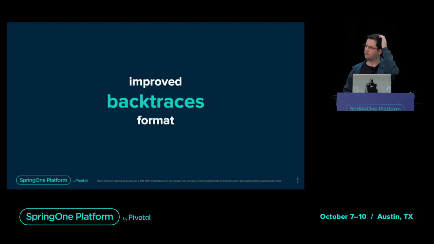Another change that was briefly shown by Sergey in the previous talk is the improved backtraces format. When you start with reactive programming, you realize pretty quickly that the good old stack trace is not that useful anymore.